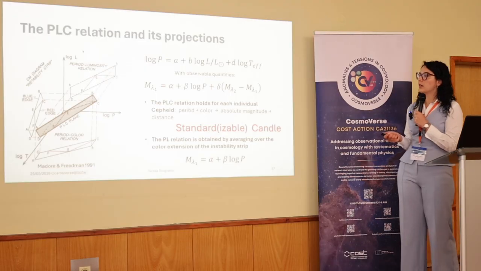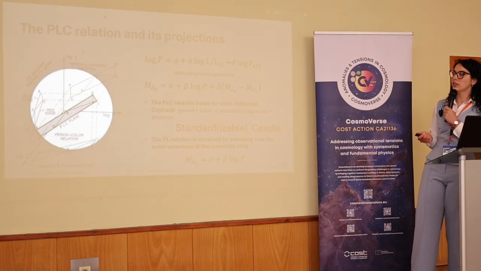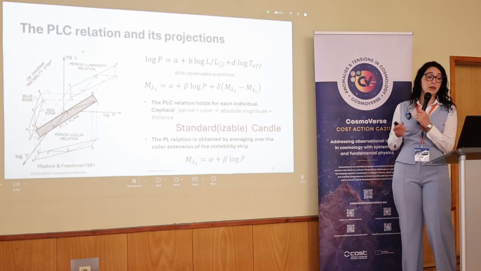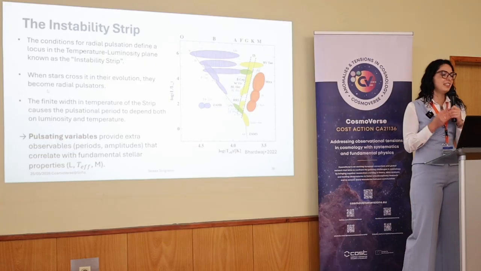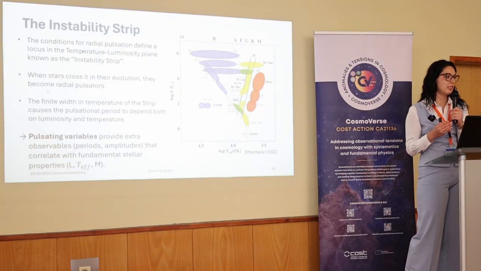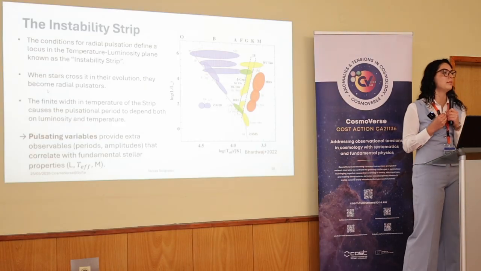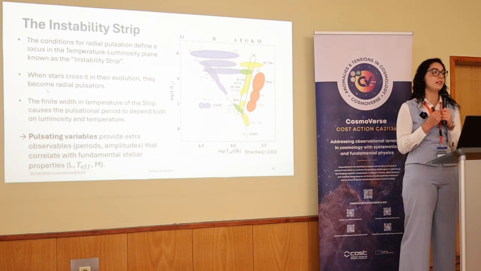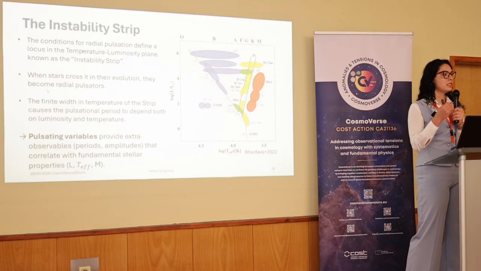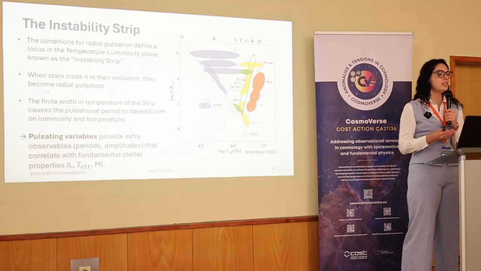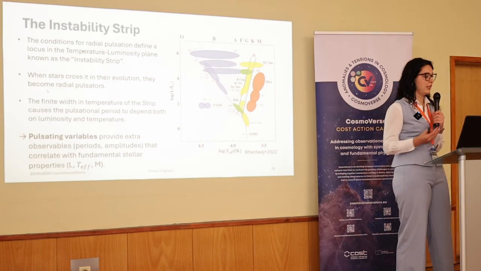So now, let's talk about the projection of this period luminosity color plane on the color magnitude diagram, because this projection gives the instability strip, what we call the classic instability strip. As soon as we observe a color magnitude diagram of some galaxies, and we know that stars are in this region, we can say that these are radial pulsators. This means that for these stars, there is a period luminosity color relation, and that we can obtain the magnitude from this relation.